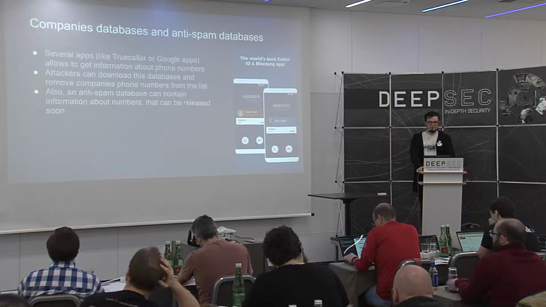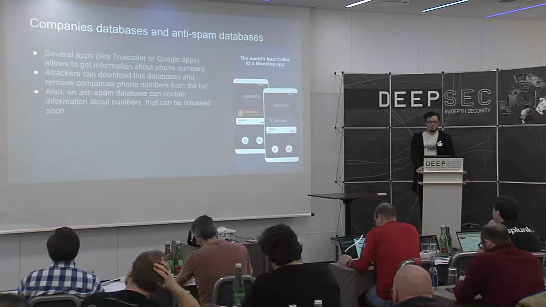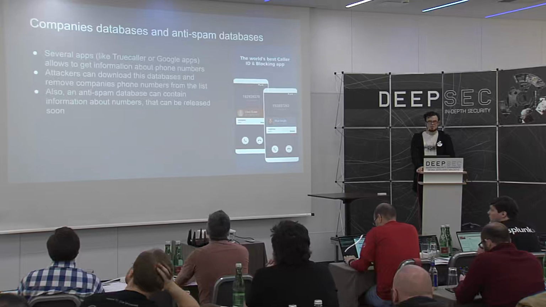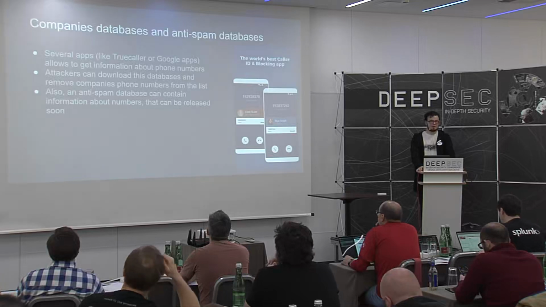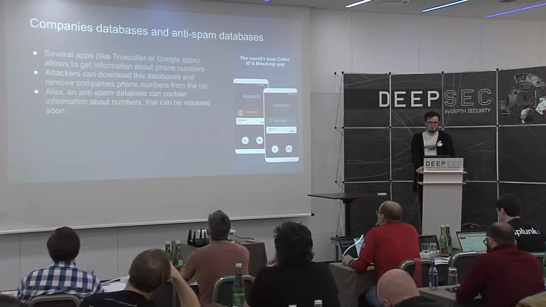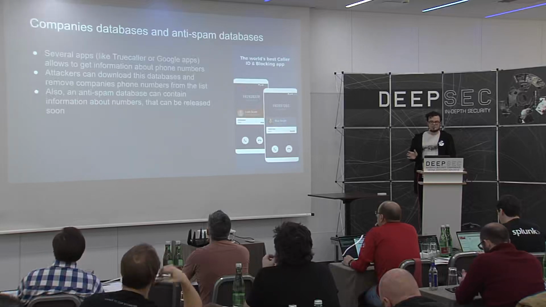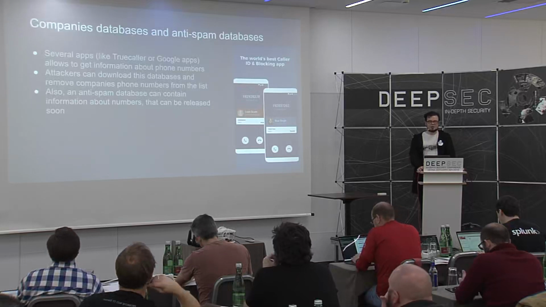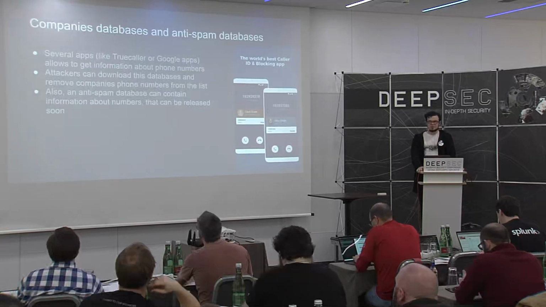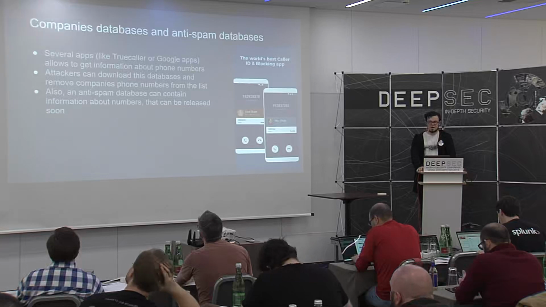Also, we have a lot of companies which provide information about spam numbers or additional information about calls from a number. It is like Truecaller or some Google application for Android, and it means that you can get this database and remove all phone numbers related with the spam companies, and maybe the known users.